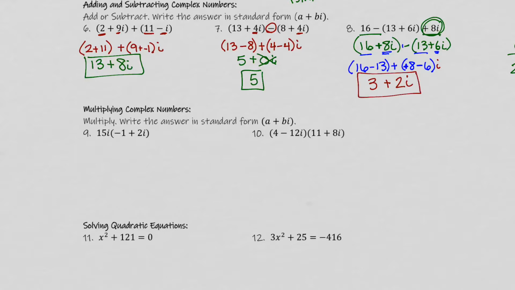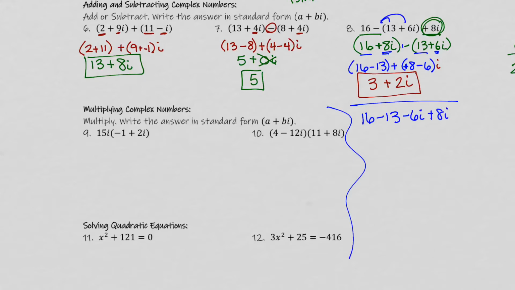Alright, so in another way, if you wanted to do this, you could always look at it as kind of combining like terms. Let's just look at number 8. I'm just going to work down here, so ignore that spot right there. Alright, and I had 16. If I distribute that negative to both terms, I get minus 13 minus 6i, and then I had that plus 8i on the end.